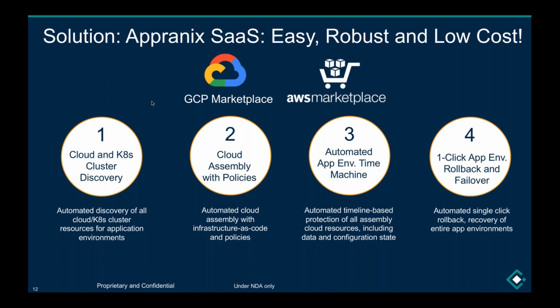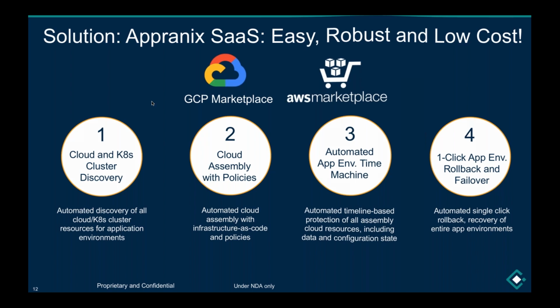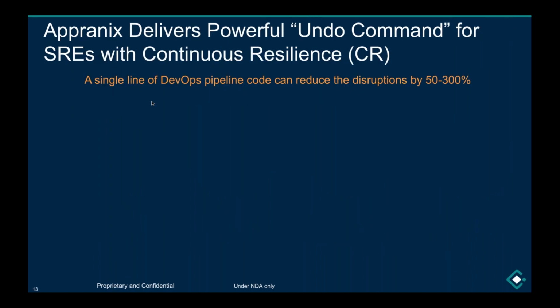and recover your application with a single click for rollback purposes, failover purposes, or even create a copy of that environment for multiple other use cases like test dev, patching, analytics, and so on. So tremendous benefits with respect to maintaining that automated application environment time machine. So with that, you can pretty much have what we call a powerful undo command, right?